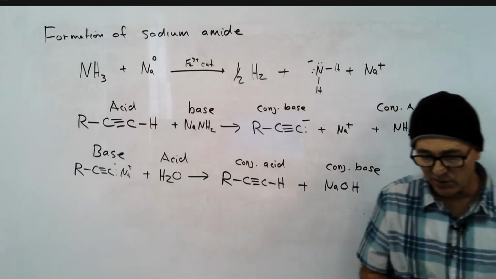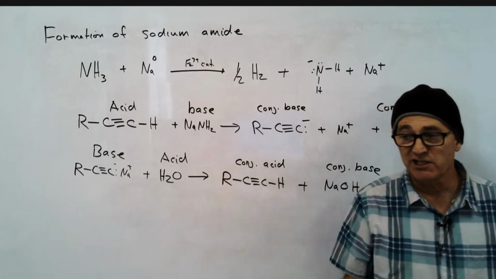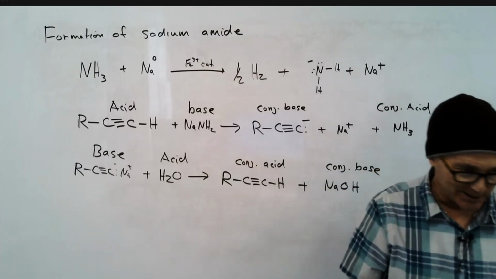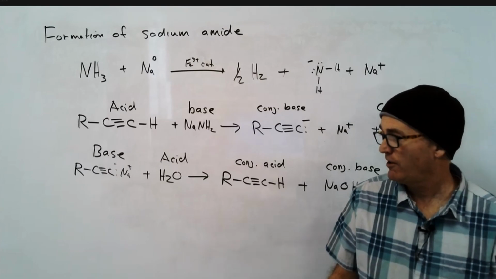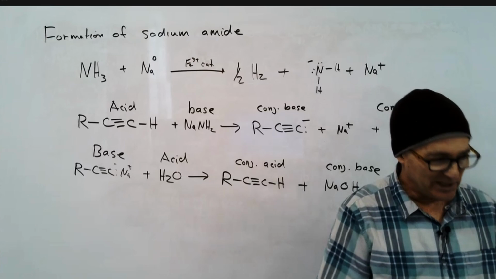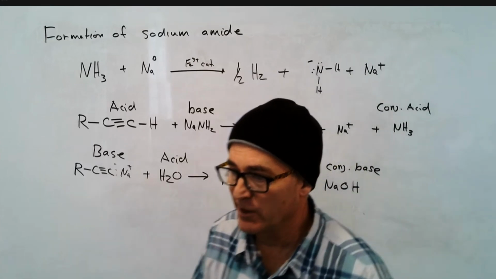It also gives you organic chemistry knowledge in that these types of reactions have to be done under anhydrous conditions. What does that mean? You've got to make sure everything's dry, because if there's some water, this acid-base chemistry occurs and kills your species you want to do some chemistry with.